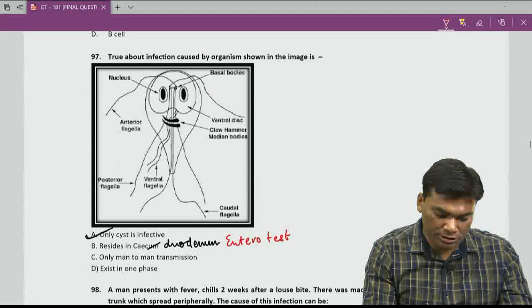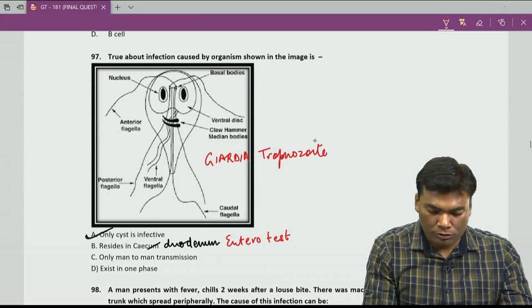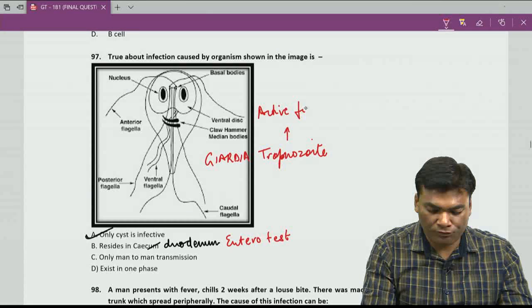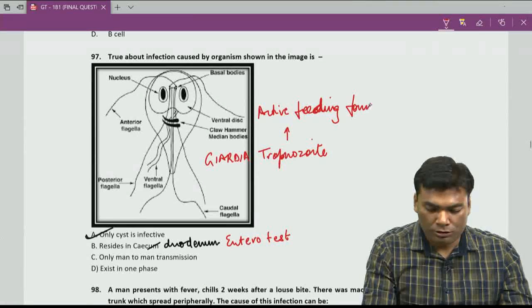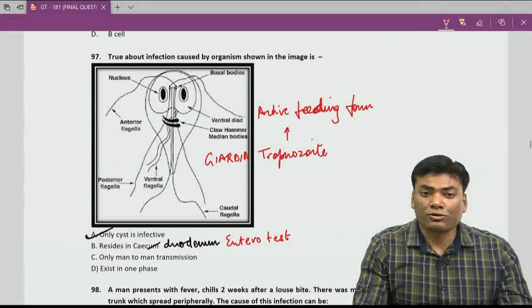So what you see here is giardia, and this is a trophozoite. Trophozoite means that it is the active feeding form. Once it is happy and it is enjoying life like you, then it becomes a trophozoite, right?